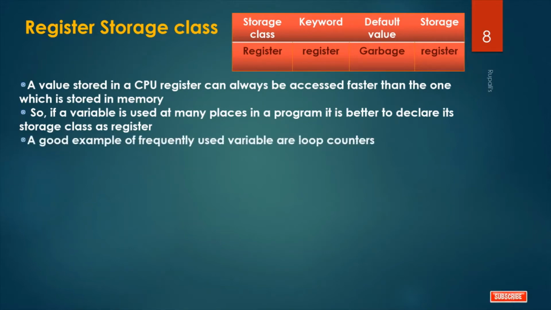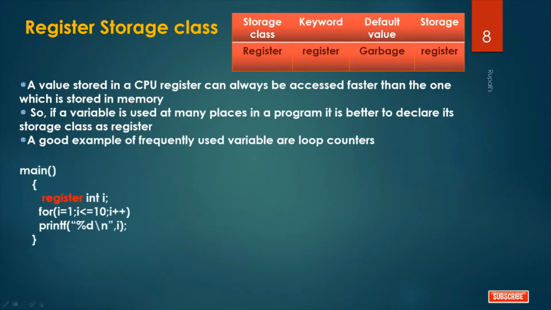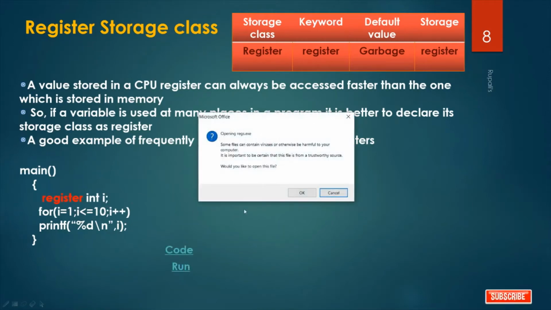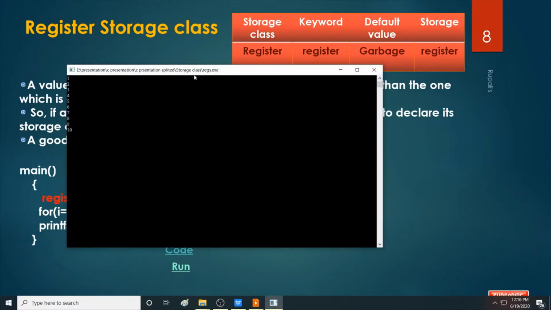A good example of frequently used variables are loop counters. See this program. You have to define it in this way: first you write the keyword register, then int I. We use this I frequently, so we define it in this way. Now when you run the program, you see the output as usual.